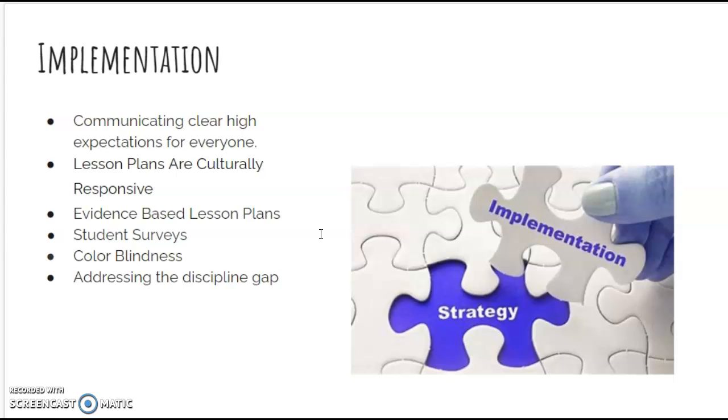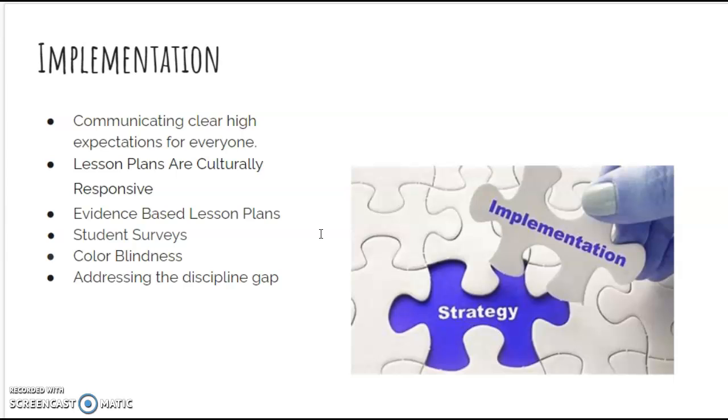Implementation. How do we do this? So communicating clear, high expectations for everybody. Lesson plans that are culturally responsive. This could look like including something whenever you're writing your lesson plans of just thinking, how is this going to affect all of my students? Or how might this affect some students that I have not done a good job of yet, really giving them an opportunity to bring their culture into the classroom.